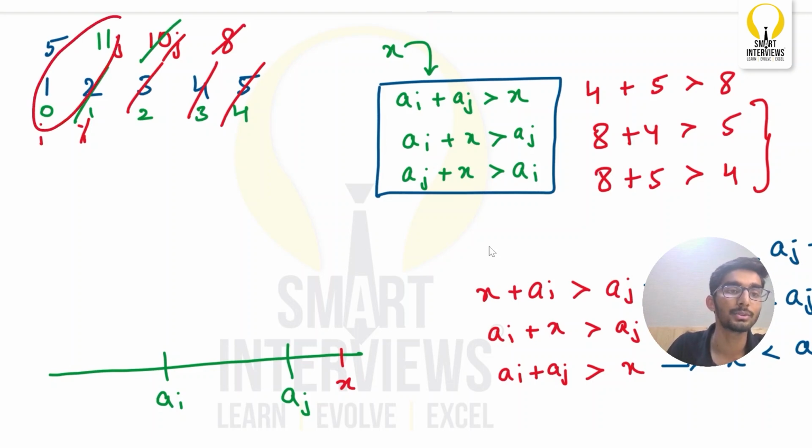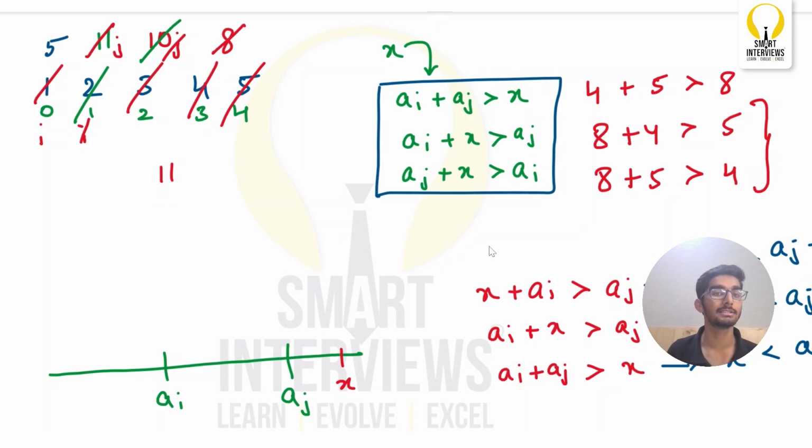I'm picking these two, removing them, and I need to add 11 plus 1 minus 1, which is 11 again. And we only have this one element in the array. So I need to print this. What was the answer for this test case? 11, right?